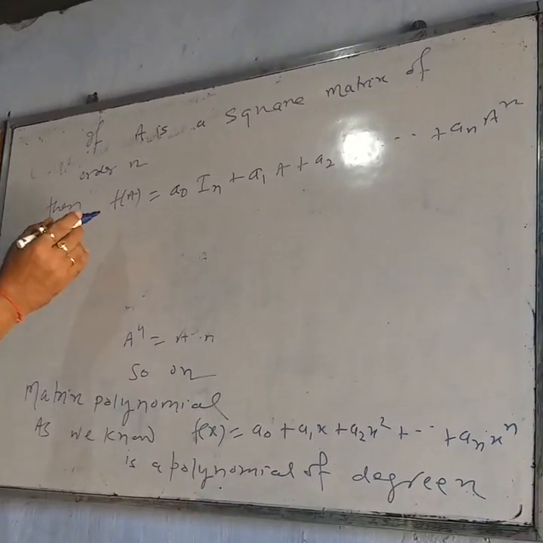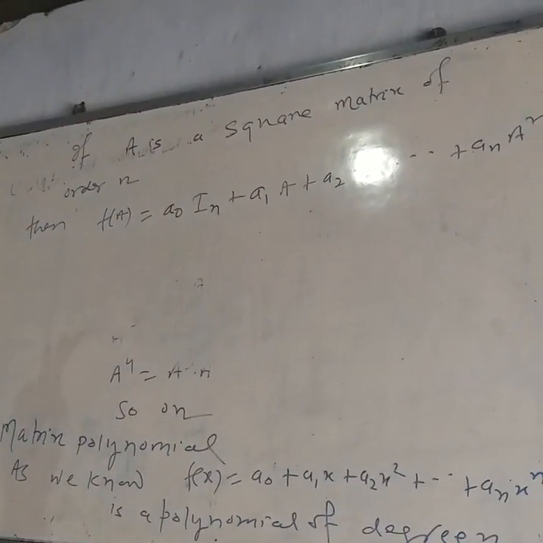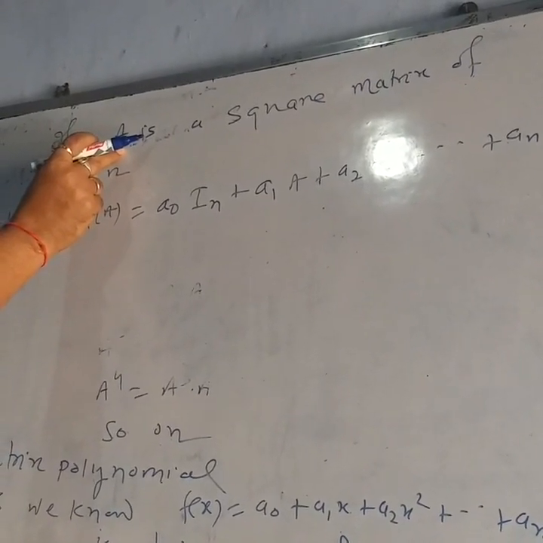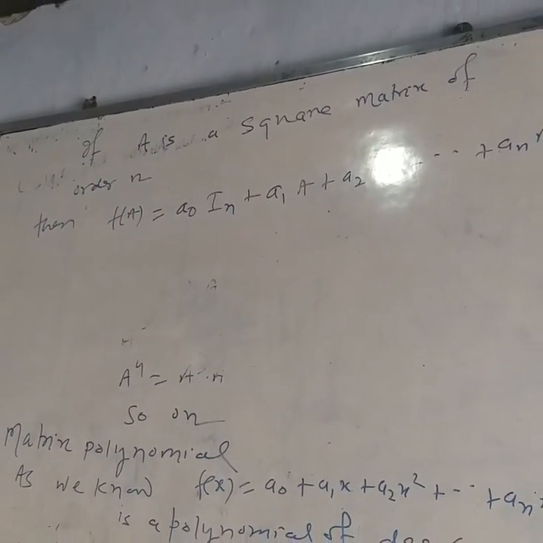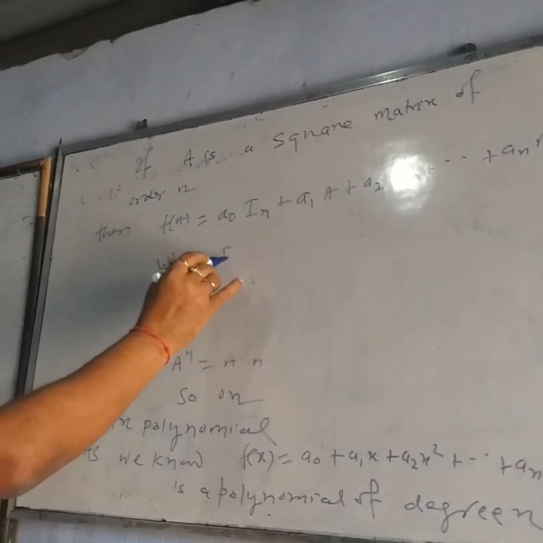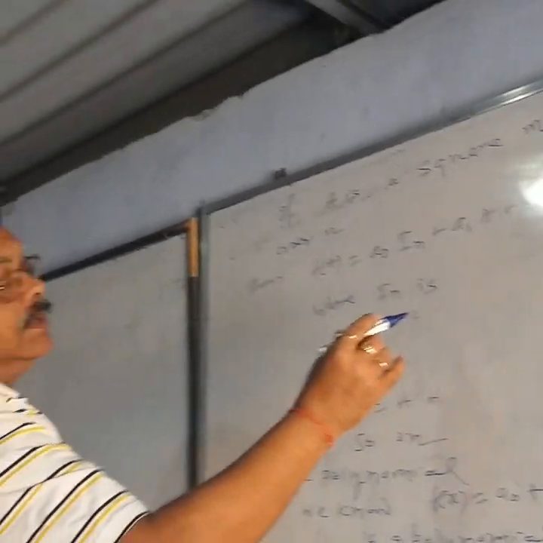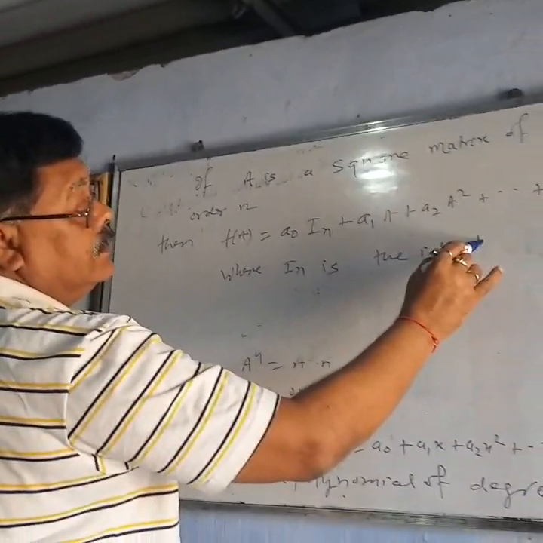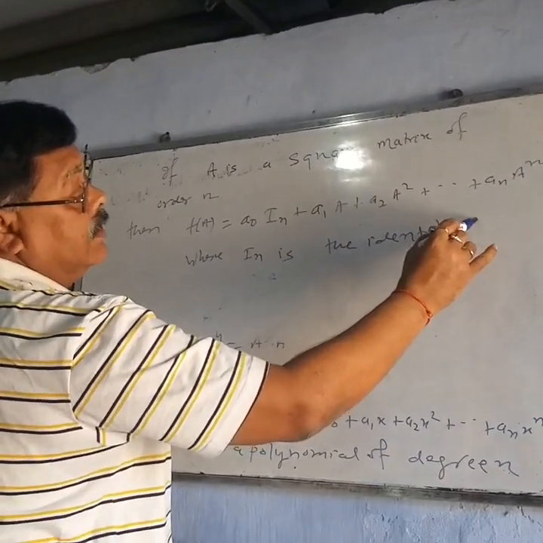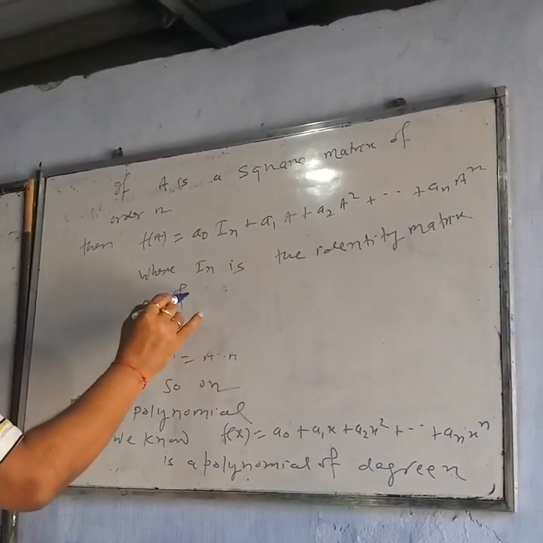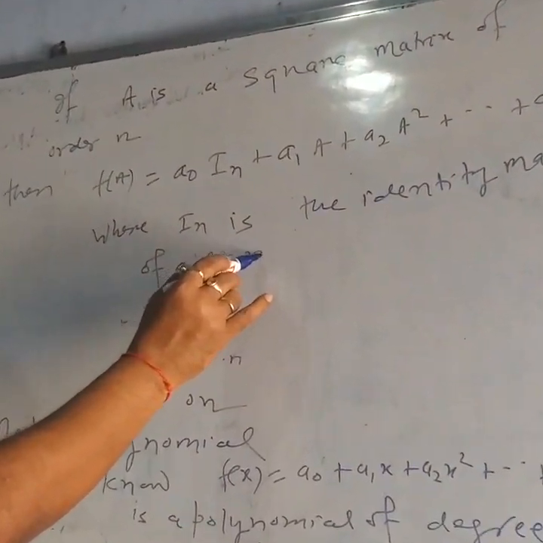It is a matrix polynomial on matrix A, a square matrix A having order n, where In is the identity matrix of order n.